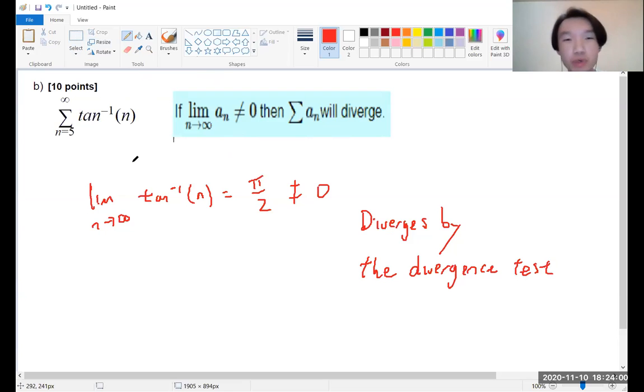Is this test intuitively obvious to you guys? Like, if the limit doesn't go to 0, does it seem intuitive that it would diverge? Why can't it go to 1?